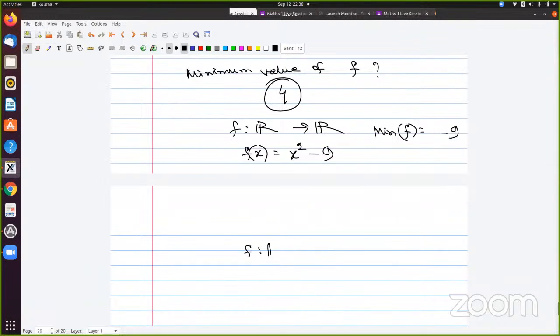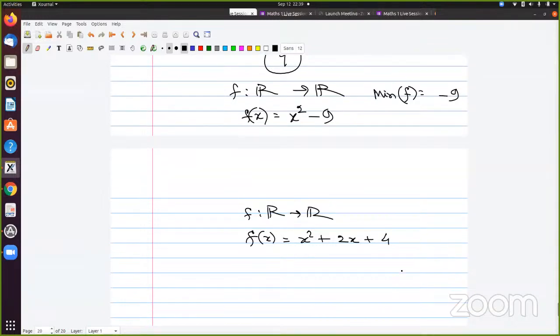So if f is R to R, f(x) is x square plus 2x plus say 4. Can you tell me what is the minimum value of this function? 4. Is it? No, sir, not 4. Then can I write this function as this?